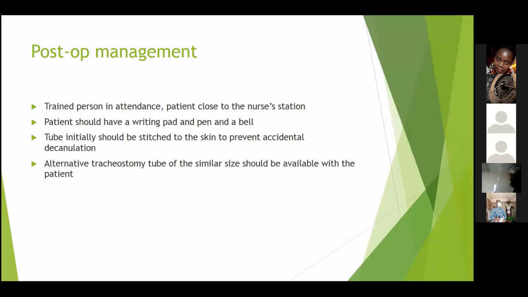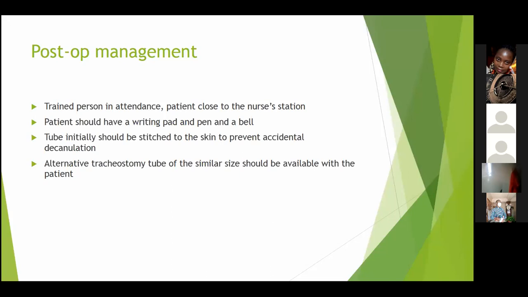And then they should have an alternative tracheostomy tube of a similar size available with the patient. So for the case where the tube is obstructed, they can be easily changed to a similar size so that someone is able to breathe.